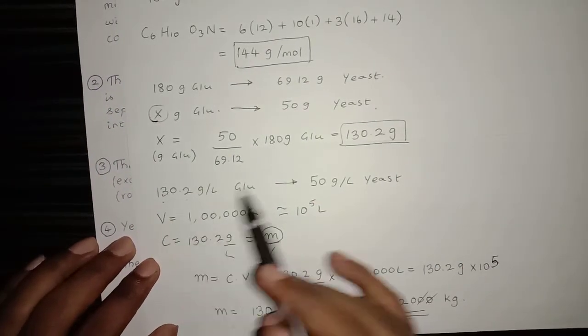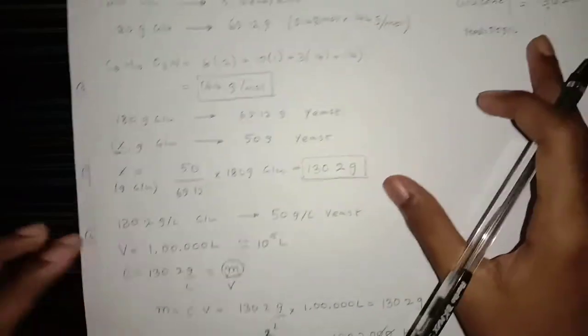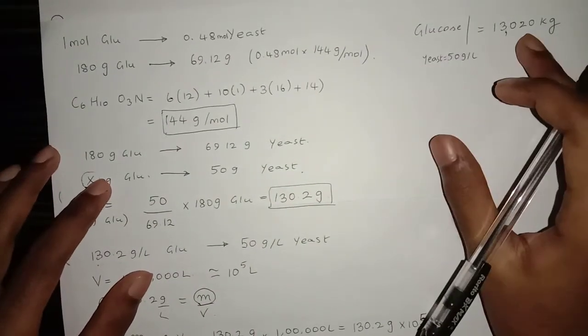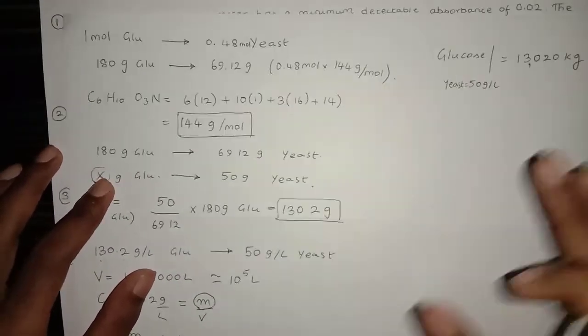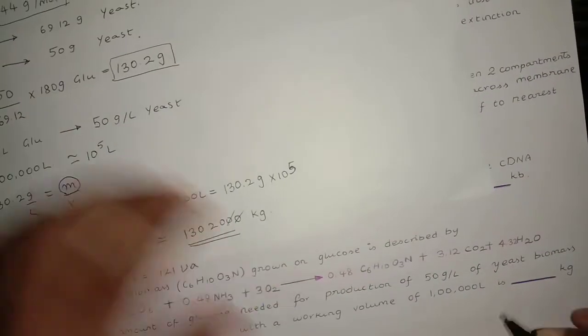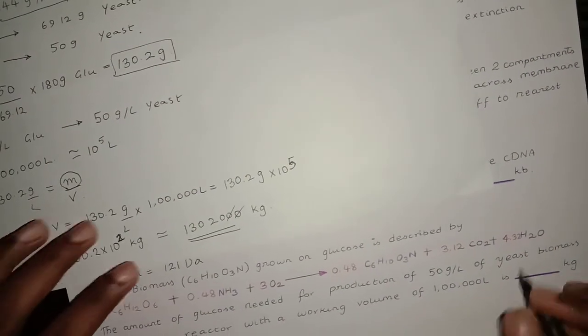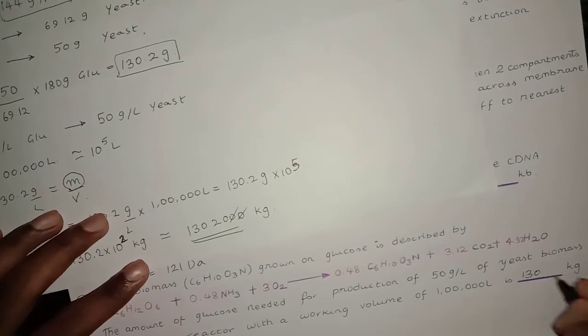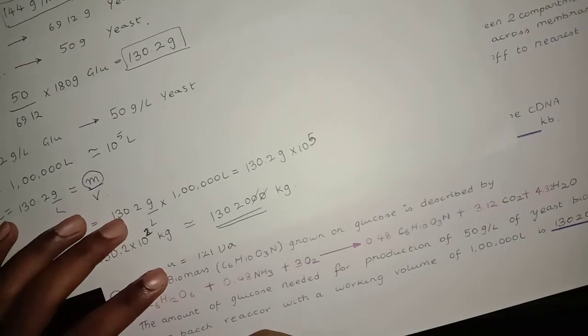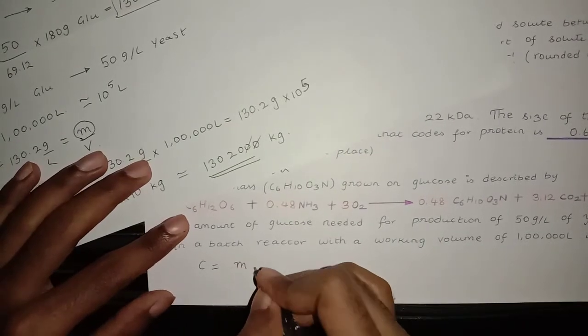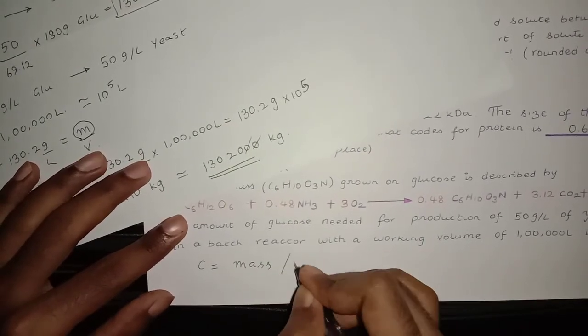And finally we multiplied by volume to get the mass of glucose is equal to 13,020 kg, where we use the formula concentration is mass over volume.